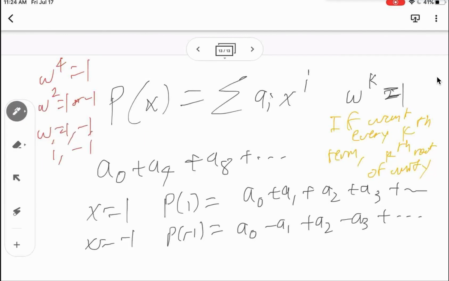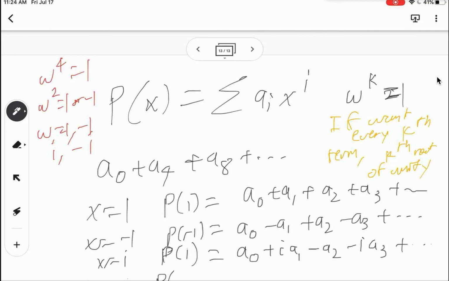So what happens if we plug in P of i? And of course, maybe P of -i. Well, this becomes a0 plus i times a1 minus a2 minus i a3, and it repeats from there, right? P of -i equals a0 minus i a1 plus a2 plus i a3 and so on to infinity.